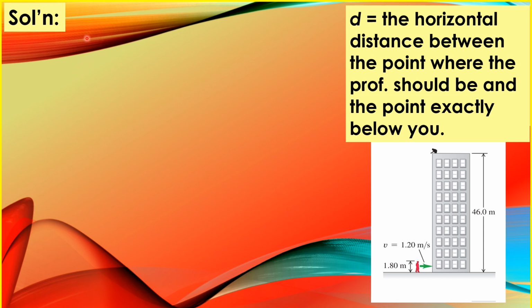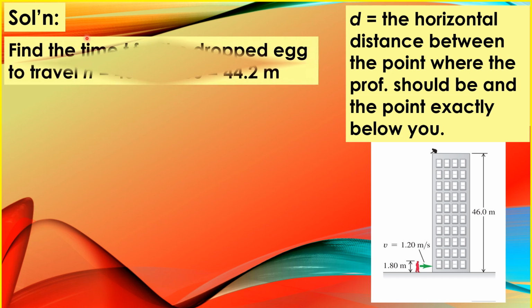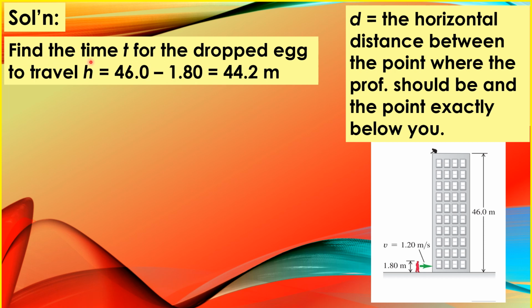Our solution to this question: we'll find the time small t for the dropped egg to travel a distance h equal to 46.0 meters minus 1.80 meters, which is 44.2 meters. Why do we deduct 1.80 meters from 46.0 meters?